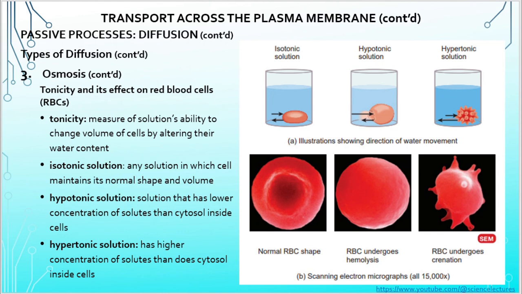One example of a hypertonic solution is 2% sodium chloride solution. In such a solution, water molecules move out of the cells faster than they enter, causing the cells to shrink. Such shrinkage of cells is called crenation.